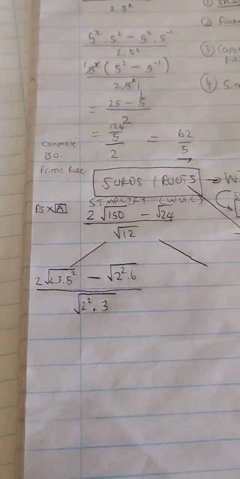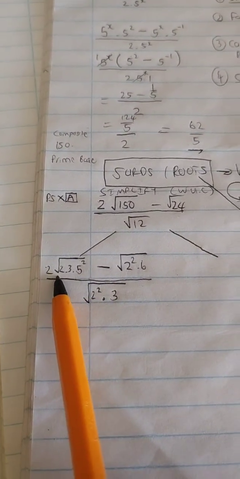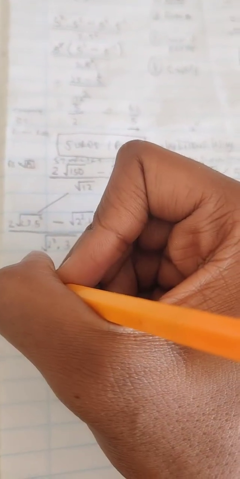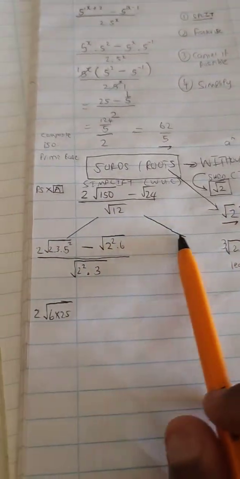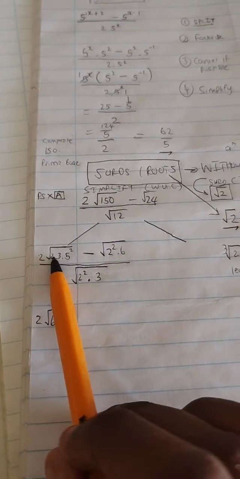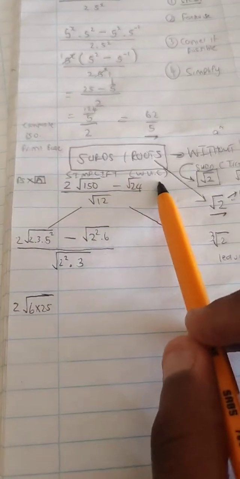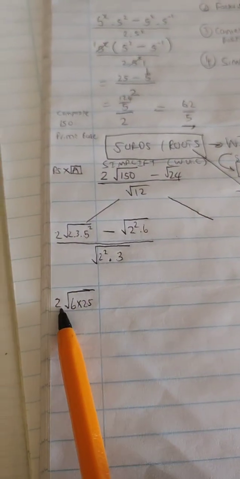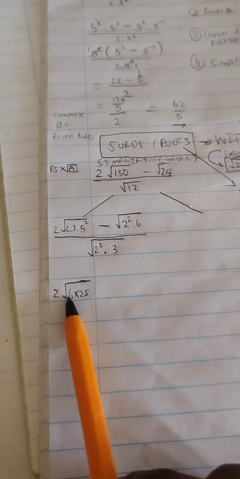I think we have room to move. If you look at what is in here, maybe just make it concise. We are going to write this as 6 times 25, which would be my other method. Really and truly, I wasn't going to express these in exponential form for the other method. For the other method, I was going to go directly to the 2 numbers where there's a perfect square and another number.